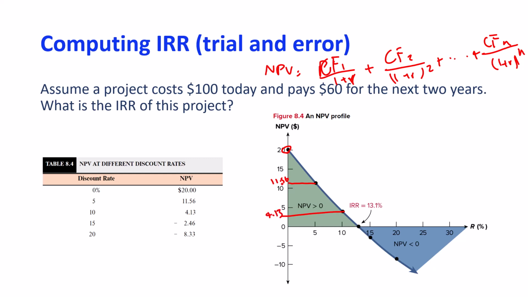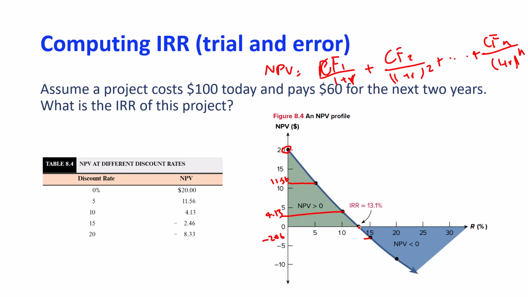So what we used to do was pick these numbers and calculate the NPVs. Let's say at 10%, we find the NPV to be 4.13. We haven't reached an NPV of 0 yet, so I'm going to go to 15%. At 15%, the NPV is negative 2.46, so it's too high.